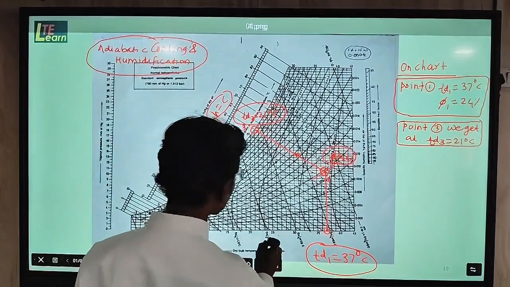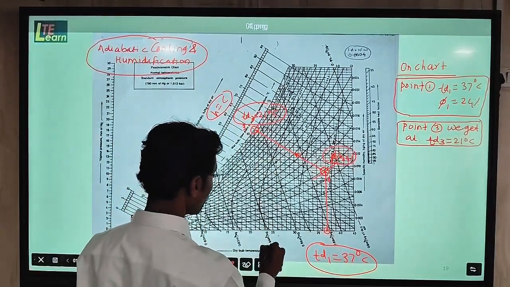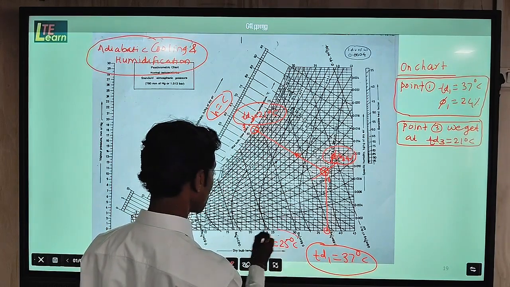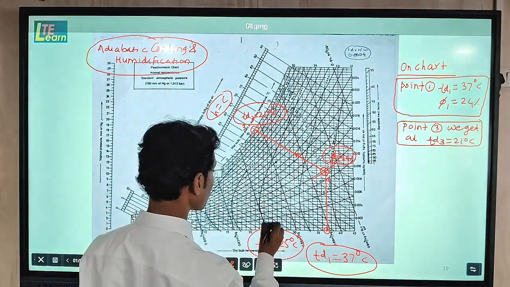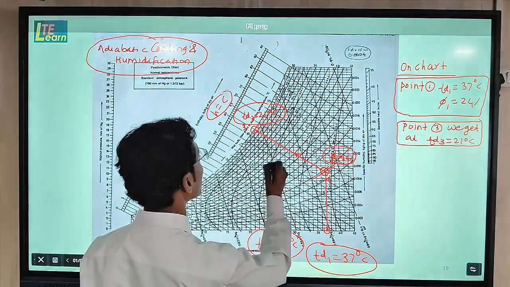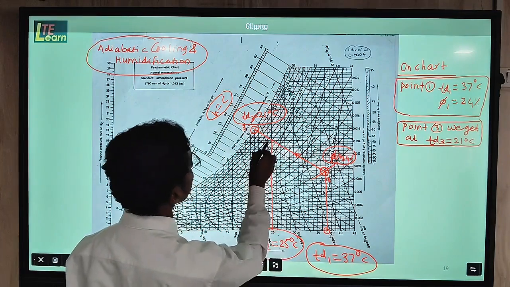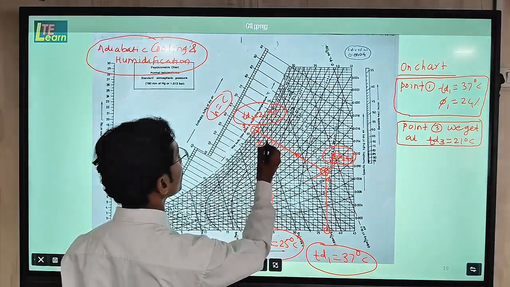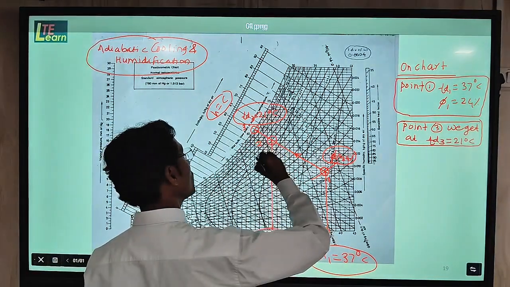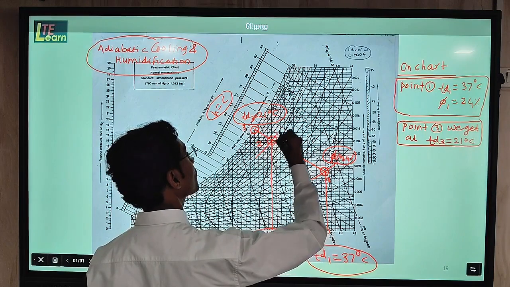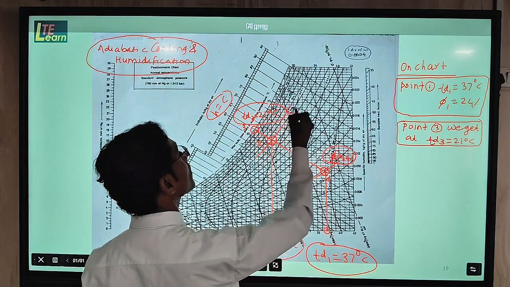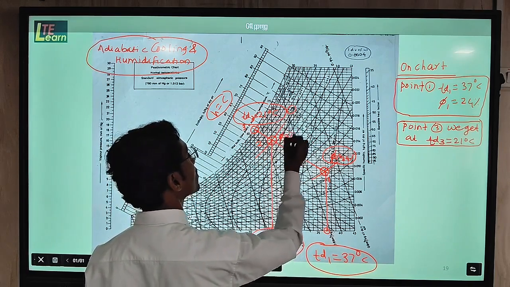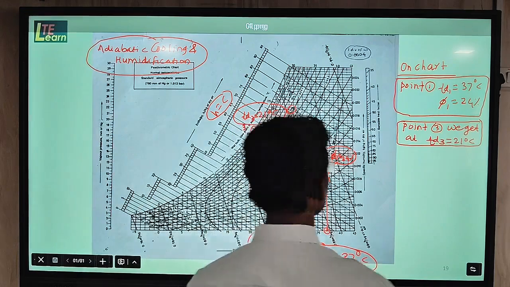So on the psychrometric chart, we have obtained the temperature at outlet, 25 degrees Celsius. So this is 25. From this 25, if you go and reach here, the intersection point we will find, this will be point number 2. And here if you see the relative humidity line passing through this, this will be 70%. So here we will find RH at outlet, that is 70%.